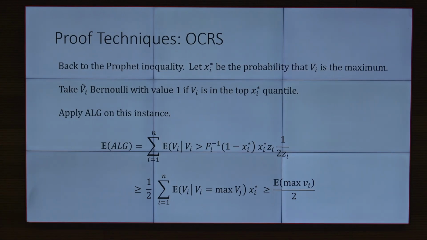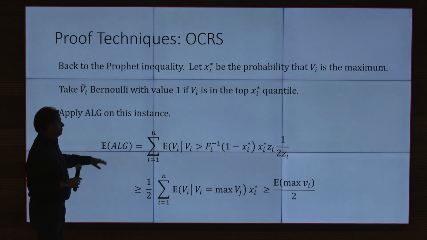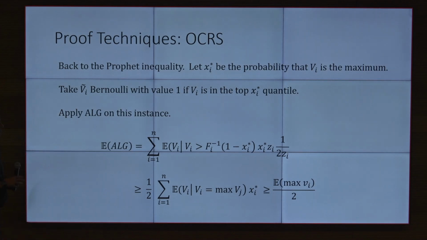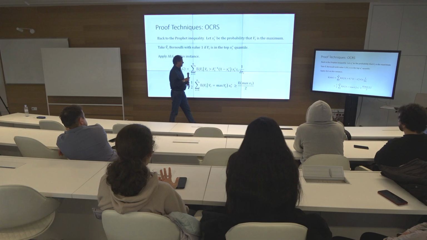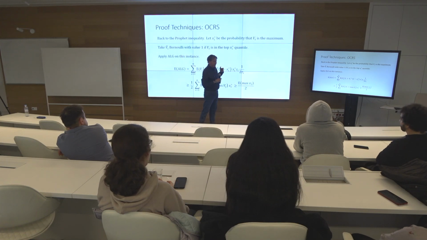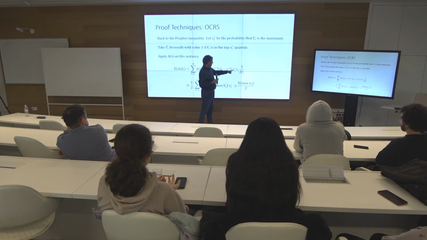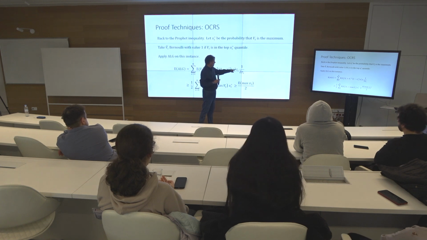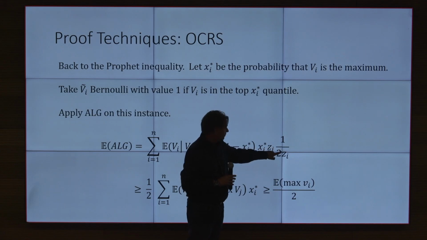So what is the expectation of the algorithm? We condition again on which random variable we take. Remember that we take random variable i with probability of reaching the stage, times the guy is 1, times our filter.